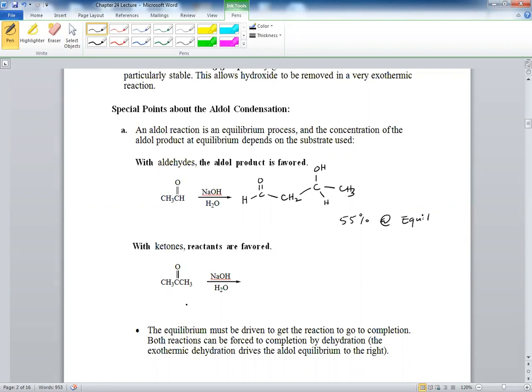So for the product of this, I'm going to redraw another one. And this is something that you need to, again, just practice, practice, practice. Let's say this was our alpha carbon for the enolate, and let's say this was the carbonyl, the electrophile.